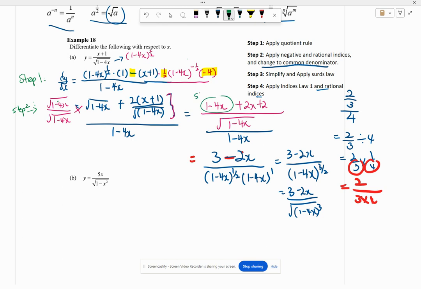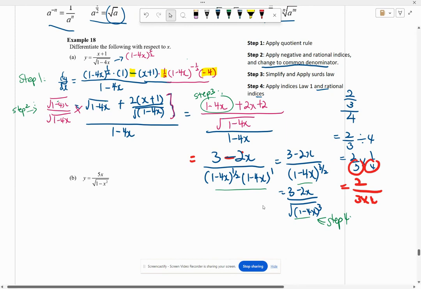This is your step three. And then after we divide everything, we also have to apply indices law one and change to the rational indices. These last few steps are step four. Okay, so that's all for this video.